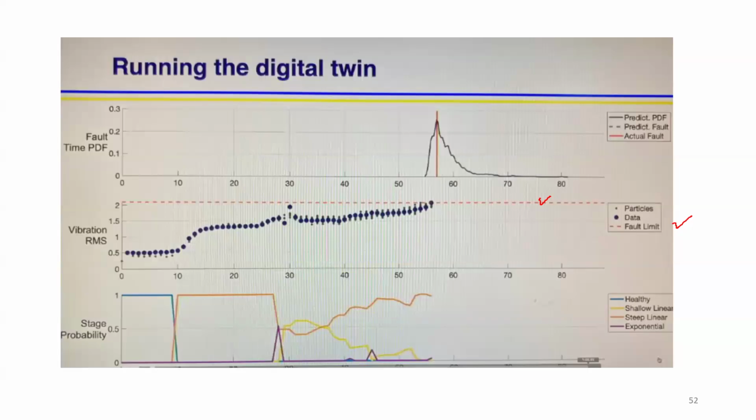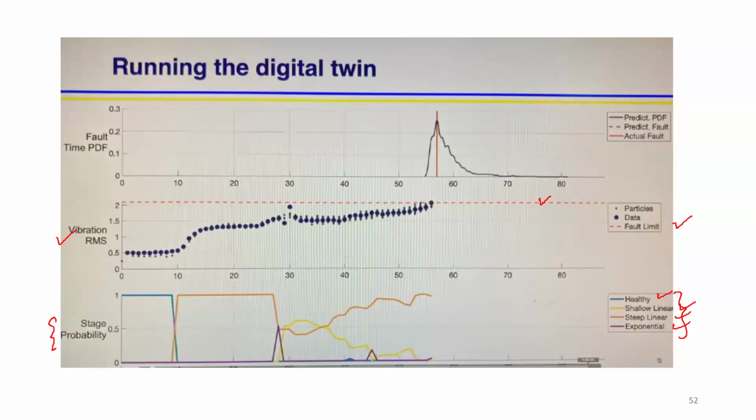The bottom graph is the stage probability: healthy, shallow linear, steep linear, or exponential. As the data changes its position, we also have different probabilities.